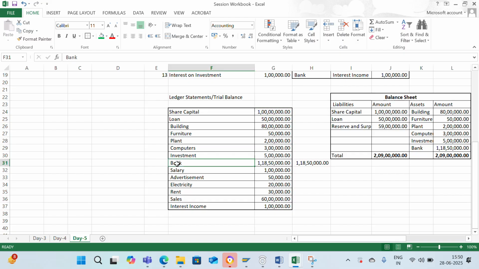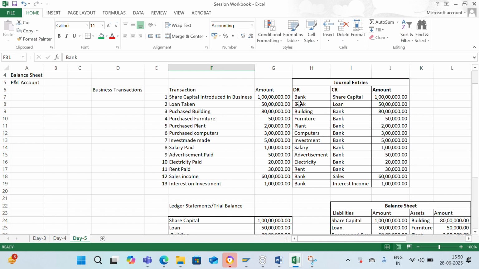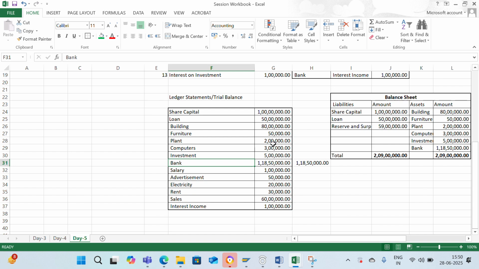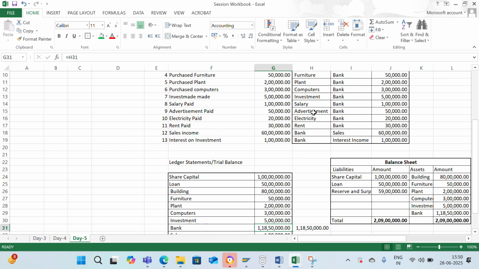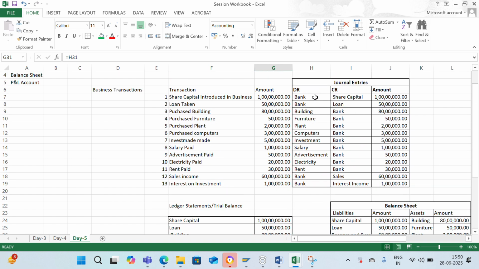The only thing is for the bank account, which has been booked in multiple journal entries, we have to get the sum of those. So what I have done is sum of all debits, that is 150 lakh, minus sum of all credits, and then sum of all debits again.